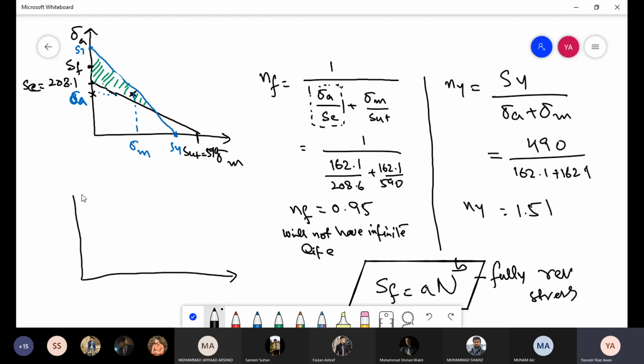What does the modified Goodman diagram look like for finite life? वो infinite life के लिए तो हम SE को SUT से ड्रॉ कर लेते हैं। For finite life हम क्या करें?